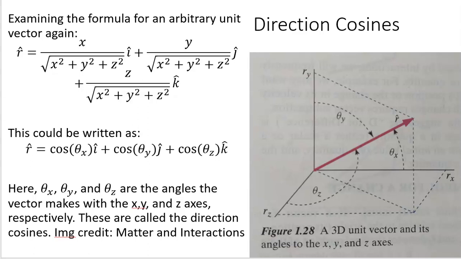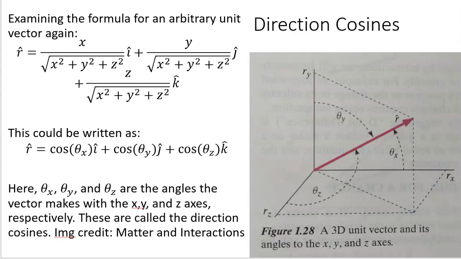Likewise, cosine theta y would be y over the square root of x squared plus y squared plus z squared. And cosine of theta z would be z over the square root of x squared plus y squared plus z squared.